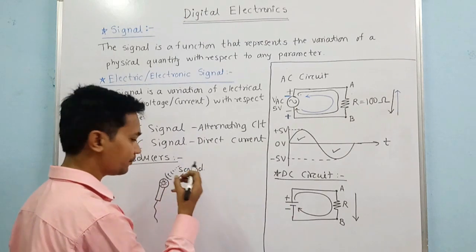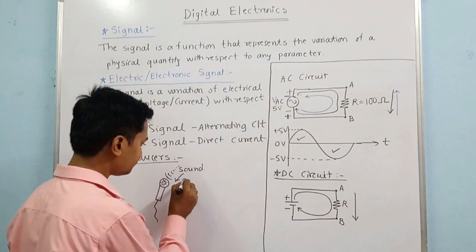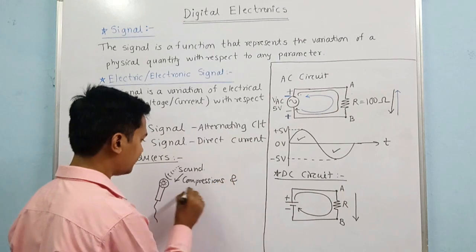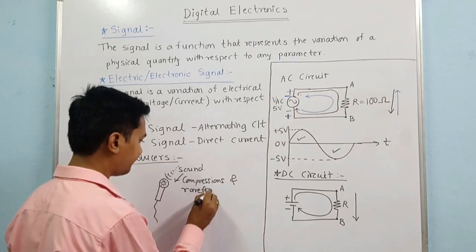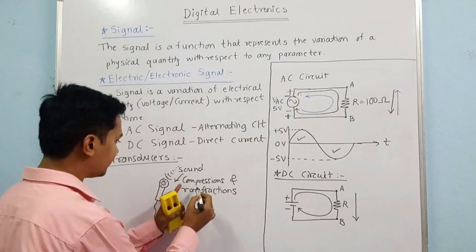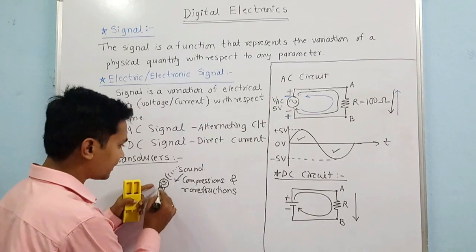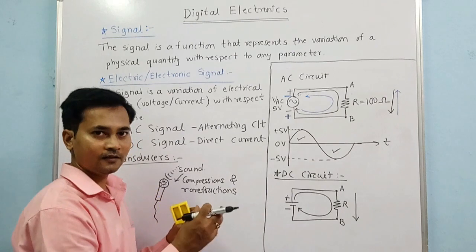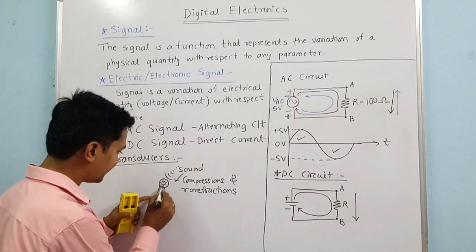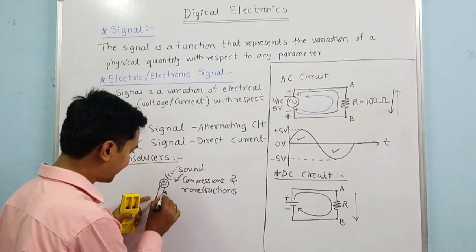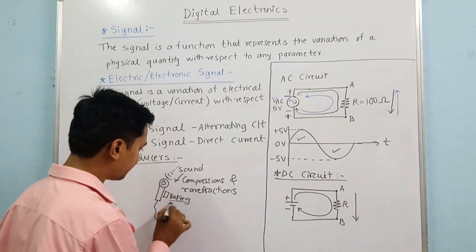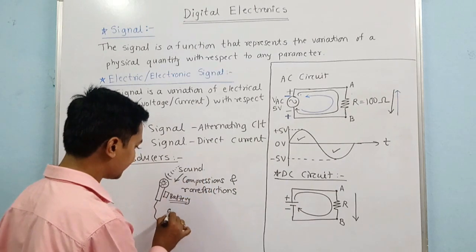That sound contains compressions and rarefactions. These compressions and rarefactions will be given to the mic input. As per the pressure or magnitude of these compressions and rarefactions, the electrical signal will be produced by this mic with the help of some battery supply. So a battery must be there to convert this sound signal into an electrical signal.